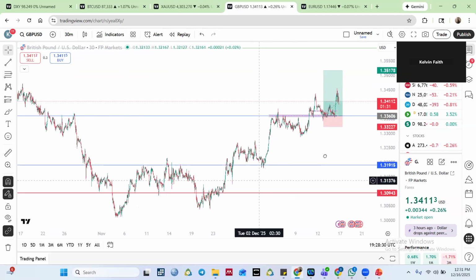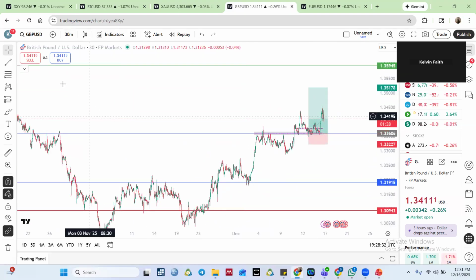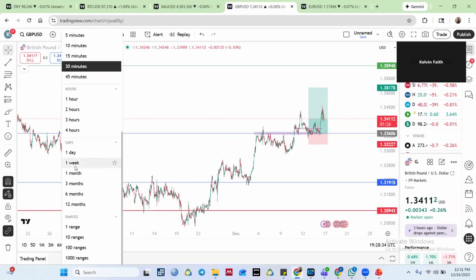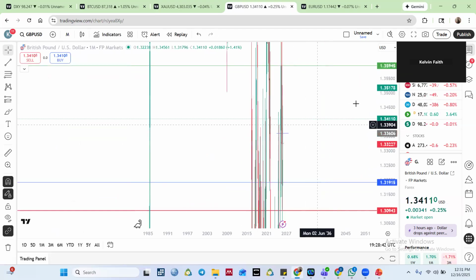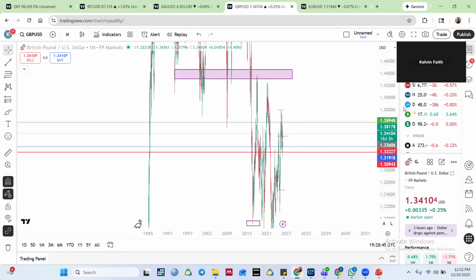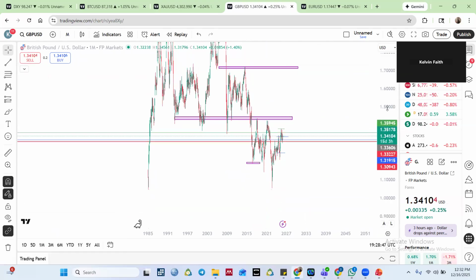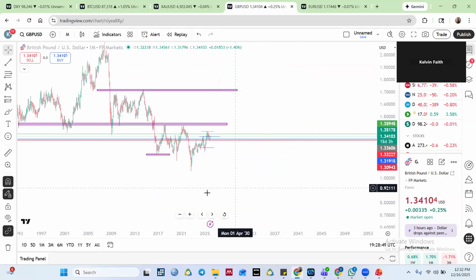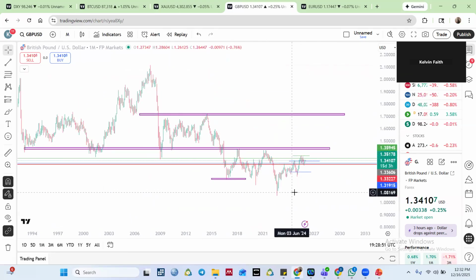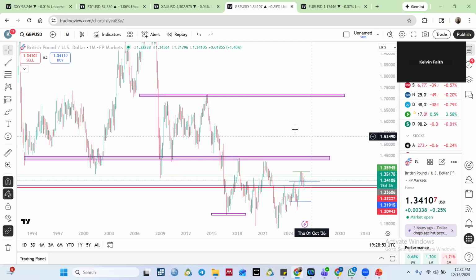Let me clean the chart and then go to the higher time frame. Let me start from the 1 month time frame. So this is GBP USD.